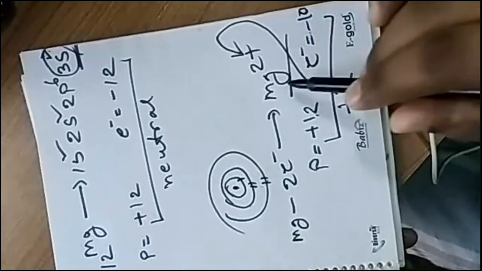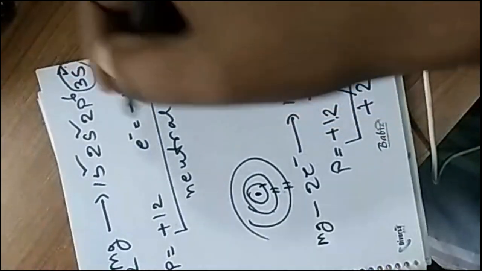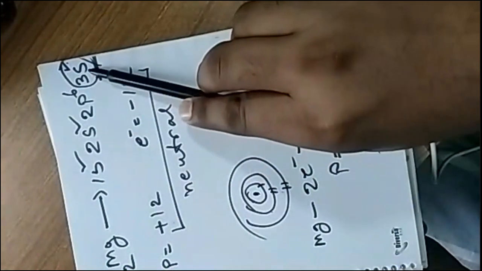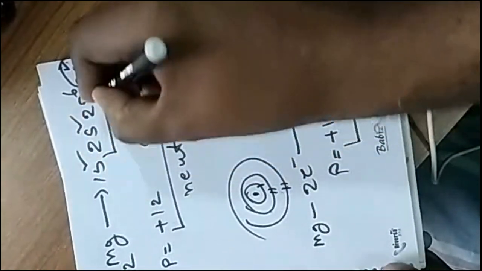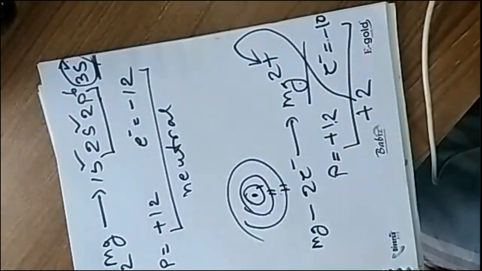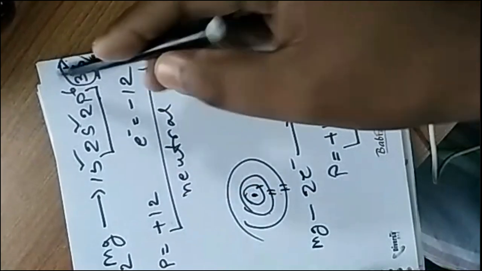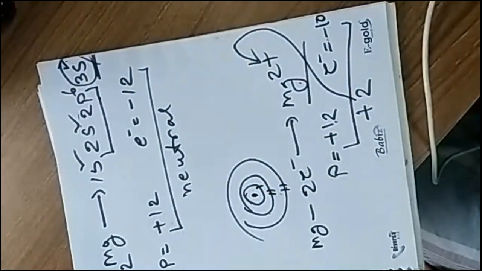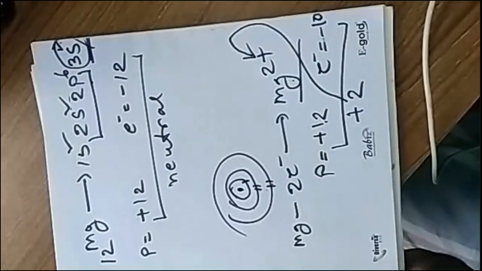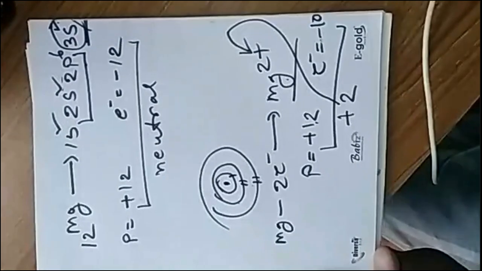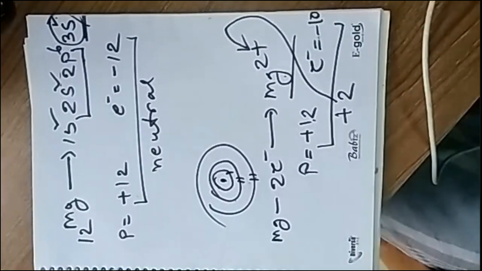And in this case, magnesium 2 plus, there is no electron in the outermost level, so the octet state will be fulfilled, because 2 and 6, 8 electrons means octet state fulfilled. In this way, magnesium can achieve stability. Are you clear? Yes, sir. Okay, I am going to my screen share again.